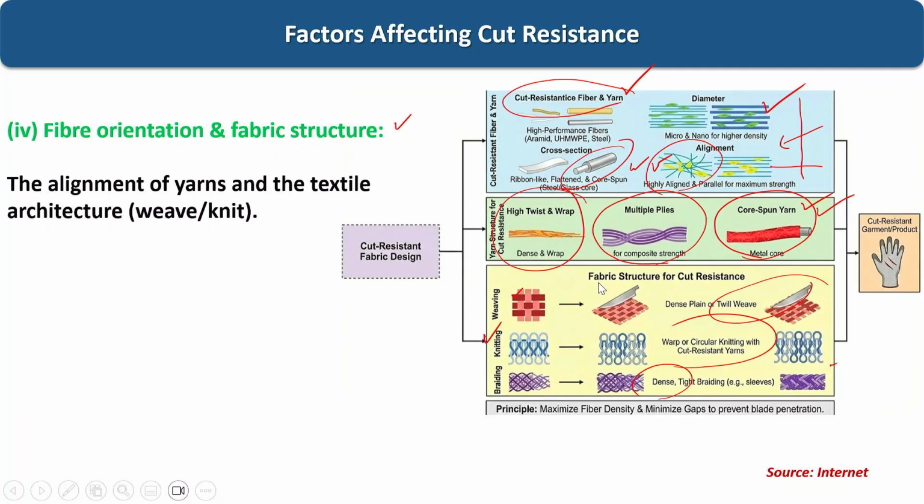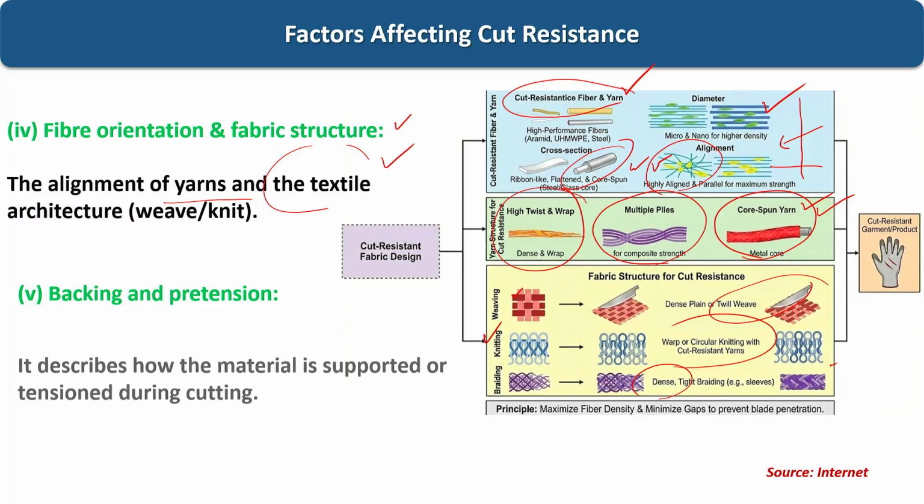The alignment of fibers in the yarn and yarns in the fabric, and different textile architecture, all this we can change. Backing material we can also change, and apart from this, backing material also affects the cut resistance, and so does pre-tension.